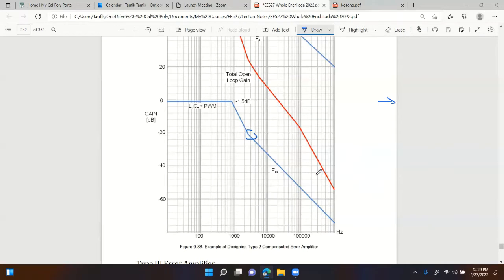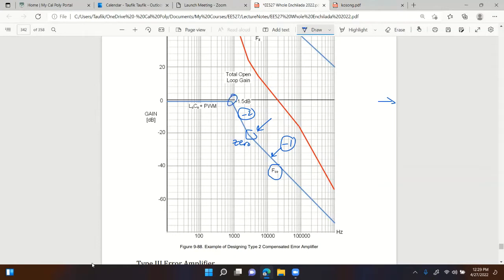Then it will be hard for you to select a crossover frequency that has the -1 slope. Remember that ESR gives us this -1 slope, like that's a zero. This is -2, now it's -1. That's why you pick the crossover frequency after the ESR frequency. But what if that ESR frequency is far away from this corner frequency?